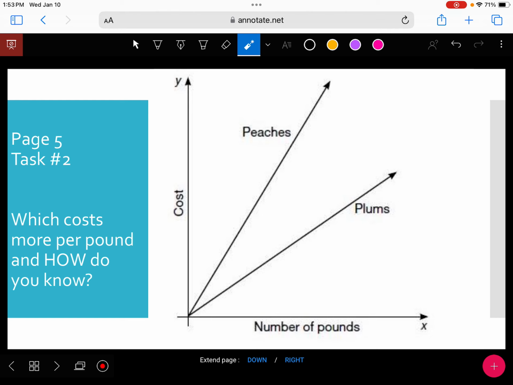Alright, even with no numbers anywhere on this picture, which one costs more per pound? Peaches. How do we know? It's steeper. Good word.